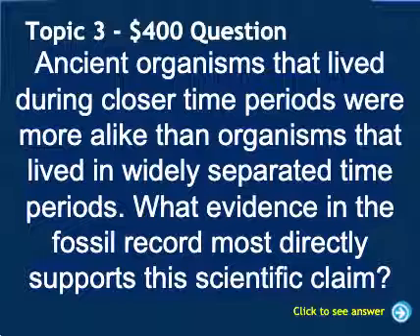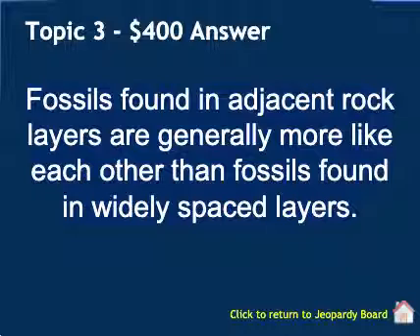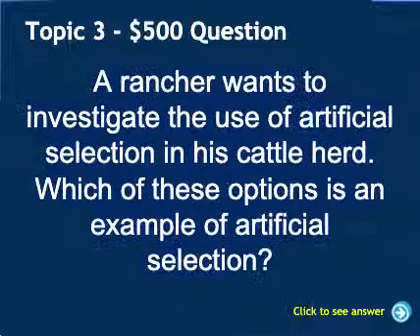What evidence in the fossil record most directly supports that claim? Fossils found in adjacent rock layers are generally more like each other than fossils found in widely spaced layers. Probably because during Earth's time period, there were certain things going on and certain adaptations were helpful at that time period.